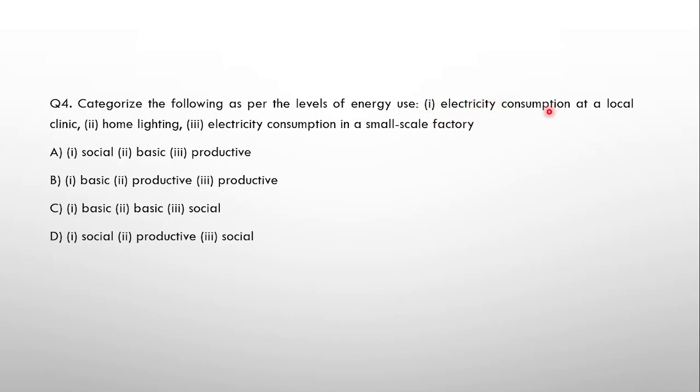You have to categorize them as social, basic or productive. Okay, which one is social, which one is basic, which one is productive. Okay, so the options are given here, you can just have a look, and then you can let me know.